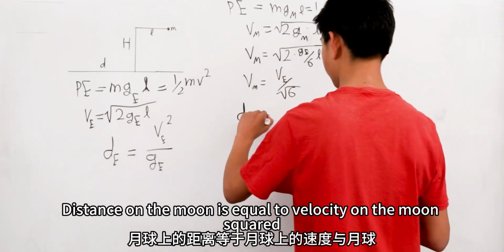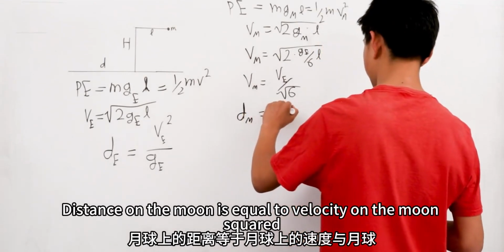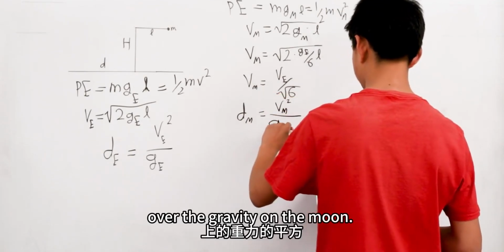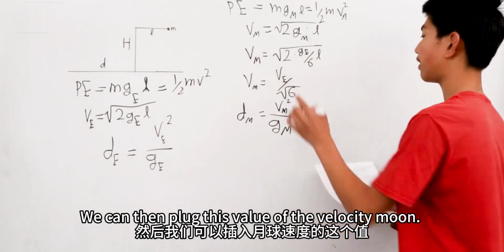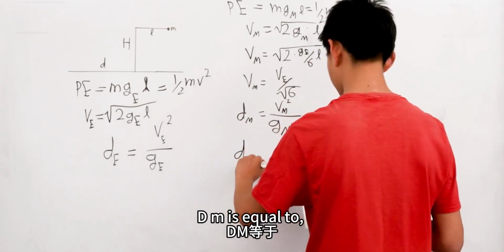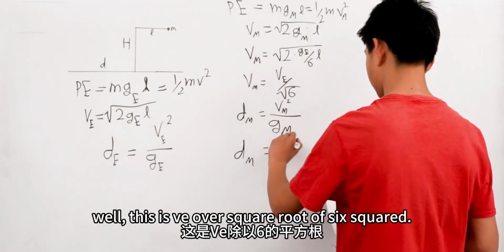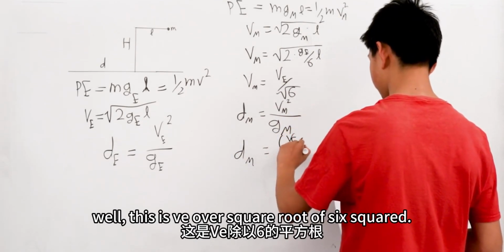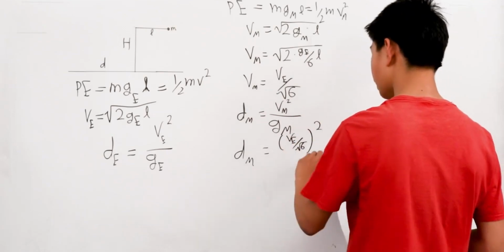Distance on the moon is equal to velocity on the moon squared over the gravity on the moon. We can then plug in this value of the velocity on the moon: d_m is equal to v_E over the square root of 6, squared.